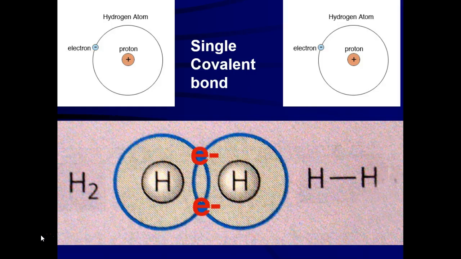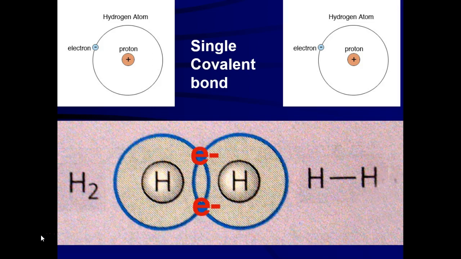Now, an easy way to fulfill the octet rule and be like a noble gas is to share electrons. So here's an example. This is hydrogen. Hydrogen, we know, has one proton and one electron. That's the most common form. And it has a problem.